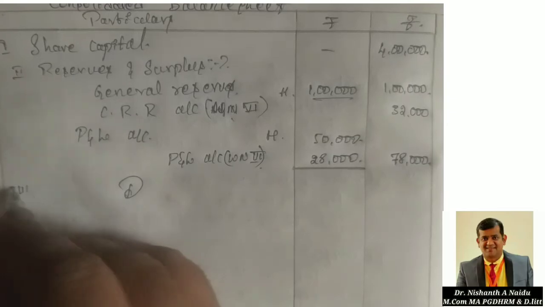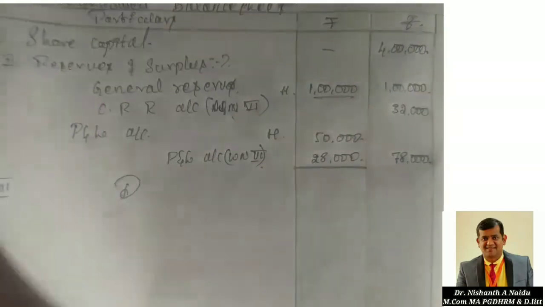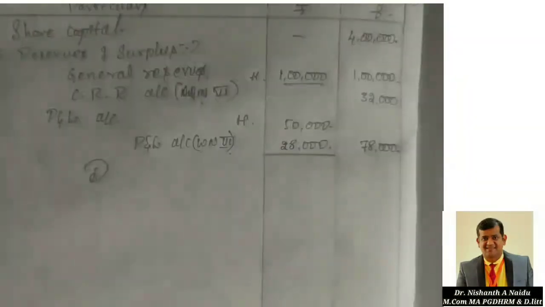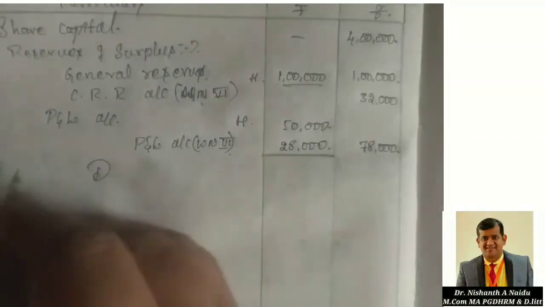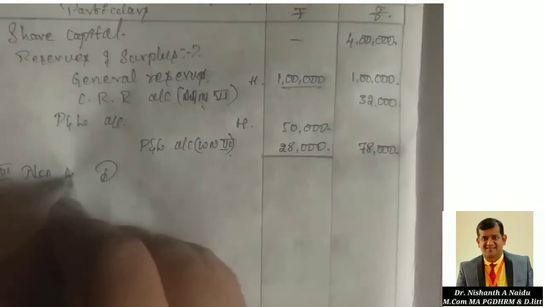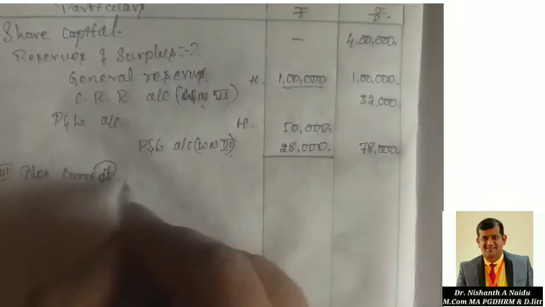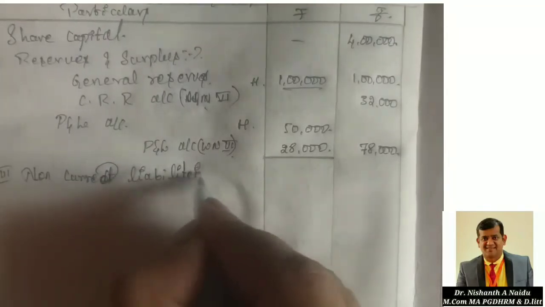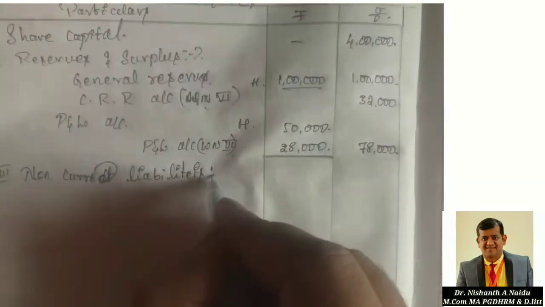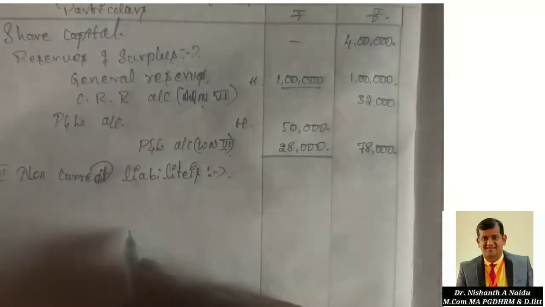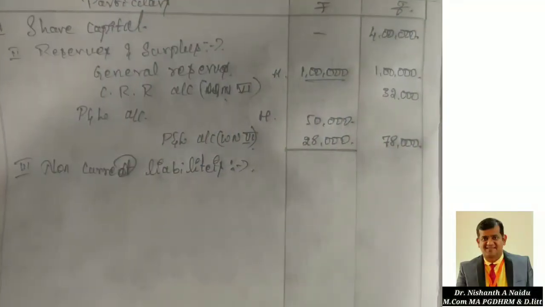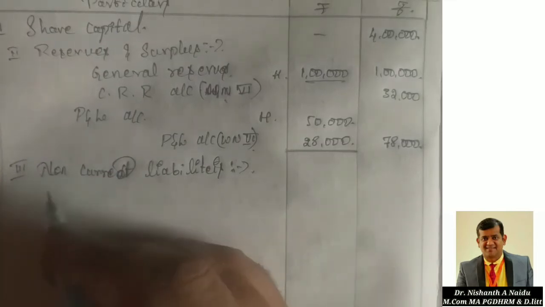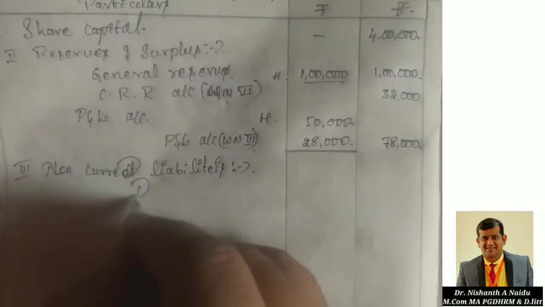Next we have to take long-term liabilities, which here we call non-current liabilities. Under non-current liabilities we have only one item, that is debenture.